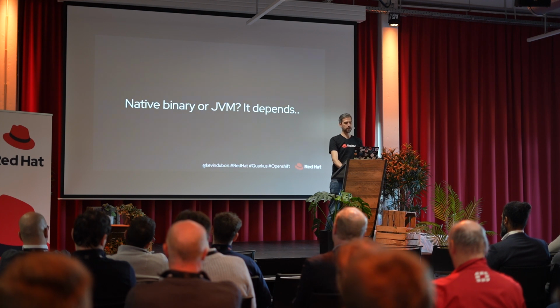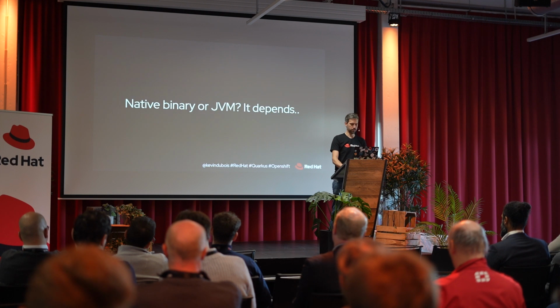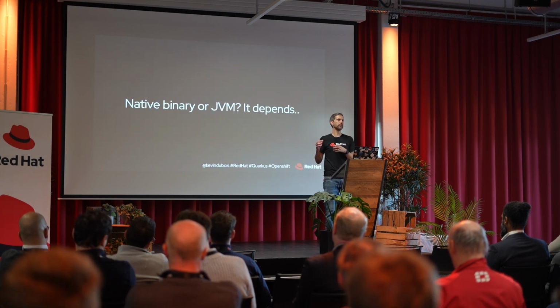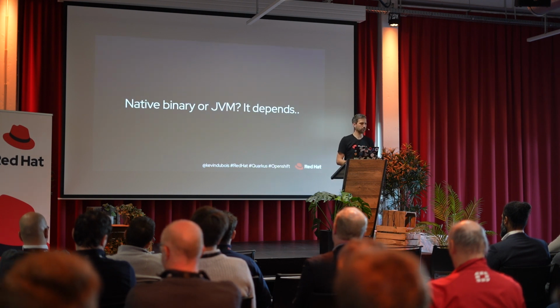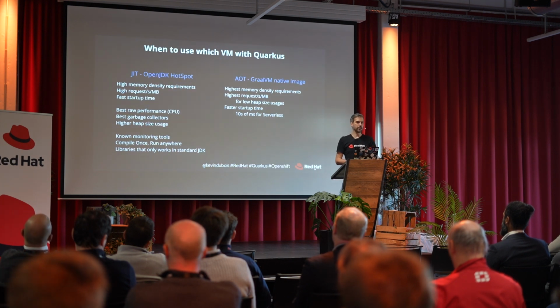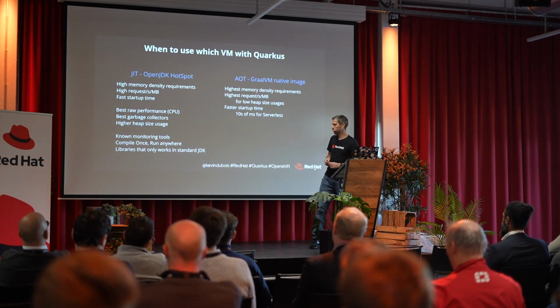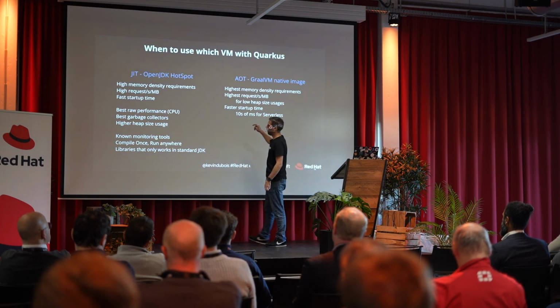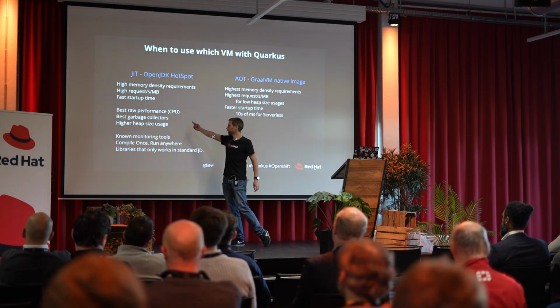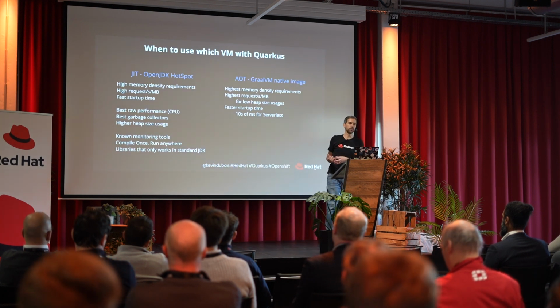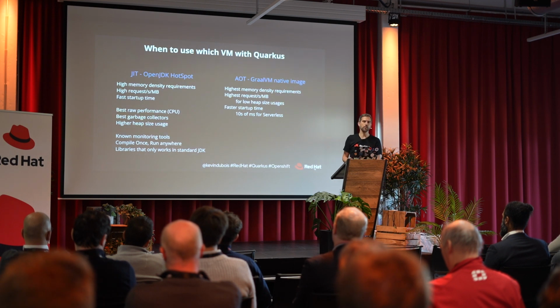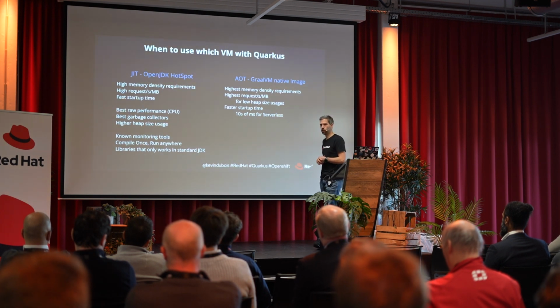So I was talking about native compilation and JVM. It's not really clear-cut that you should always run your application compiled down to a native. There are actually some advantages to running it on the JVM. So it kind of depends on your use case, right? If you're looking for the best performance, the best garbage collectors, if you're really looking for those kinds of specs in your application, then it probably makes sense to still run it in a JVM.